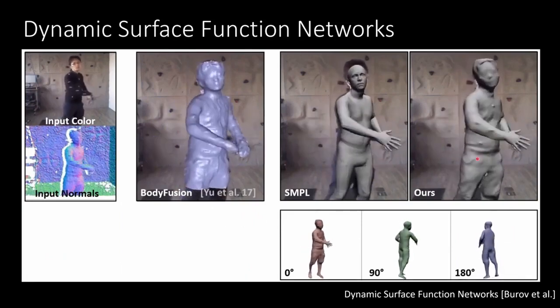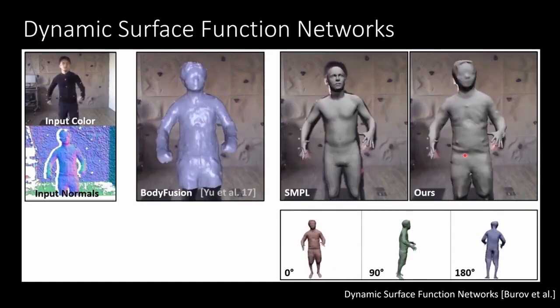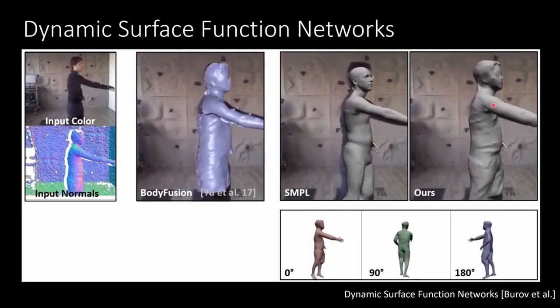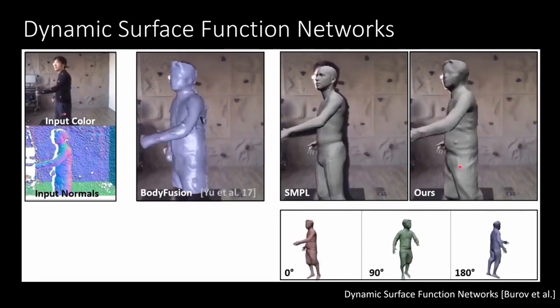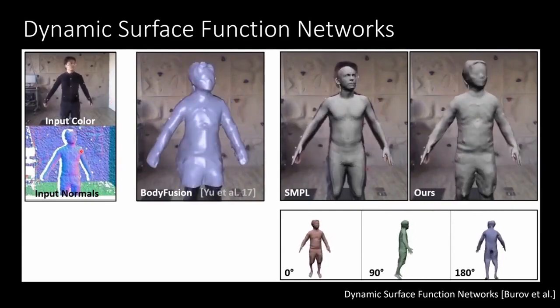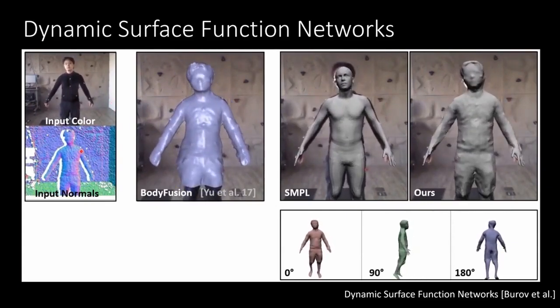So you get really all the details throughout the time. You can get all the wrinkles, and you can actually also see all these marker locations here, which are used in this sequence to evaluate the tracking accuracy. So this dynamic surface function network can actually also be extended to RGB. There are ongoing studies that show promising results.